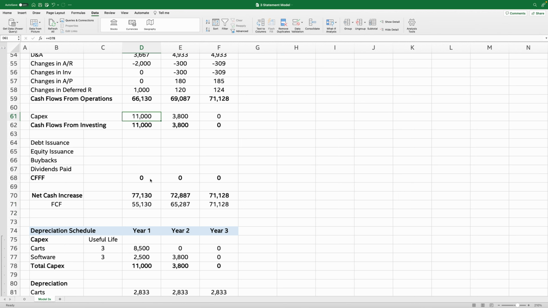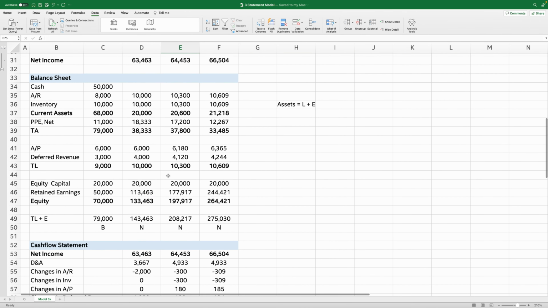Oh, and sorry, this should be a negative because it's a cash outflow. But let me just change this formula because it's easier. It shouldn't be plus, it should be minus, all of these things. Like this. And these two should be the same, which is how I can catch my error, because there's nothing from cash flow from financing, and the only thing in investing activities is CapEx. So those two should be the same.